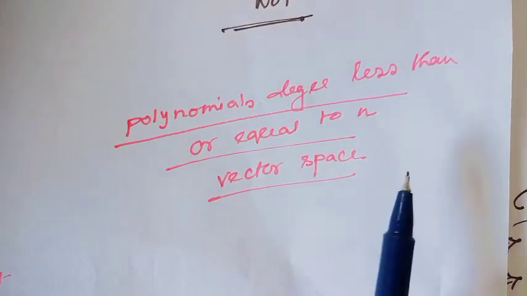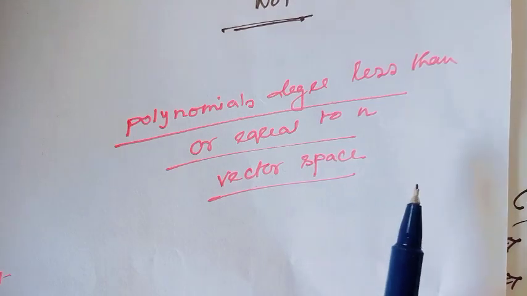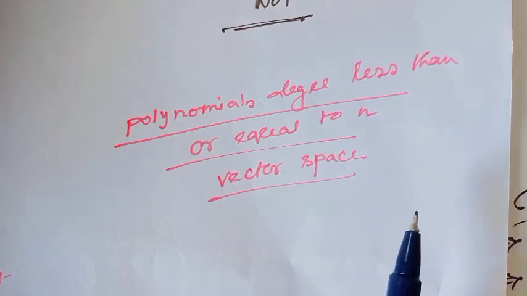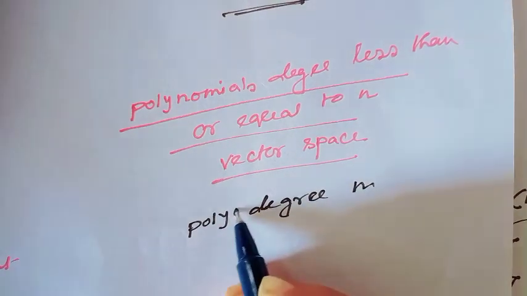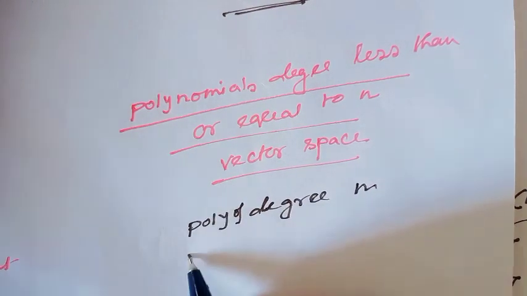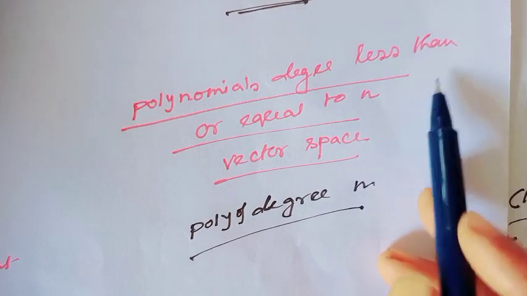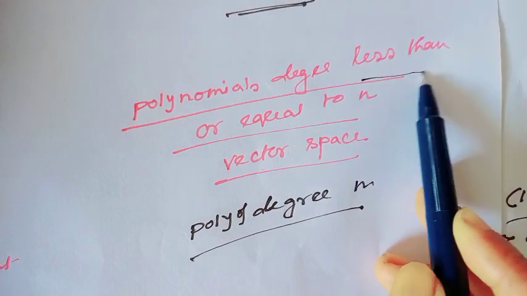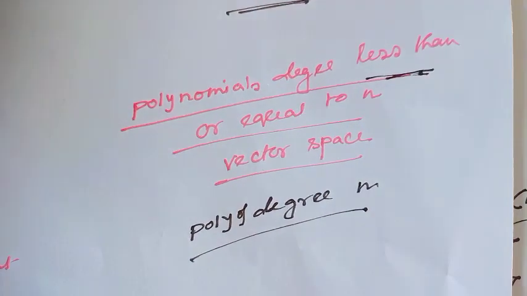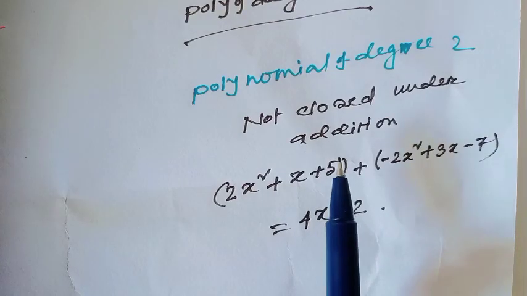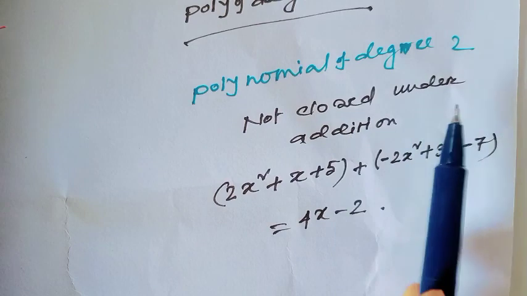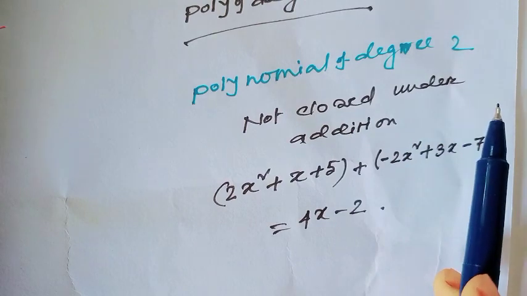Polynomials of degree less than or equal to n form a vector space. But if we consider polynomials of degree exactly n, then this is not a vector space. The first is a vector space because here we consider less than or equal to. How? Check it. For easy calculation, consider polynomials of degree 2.